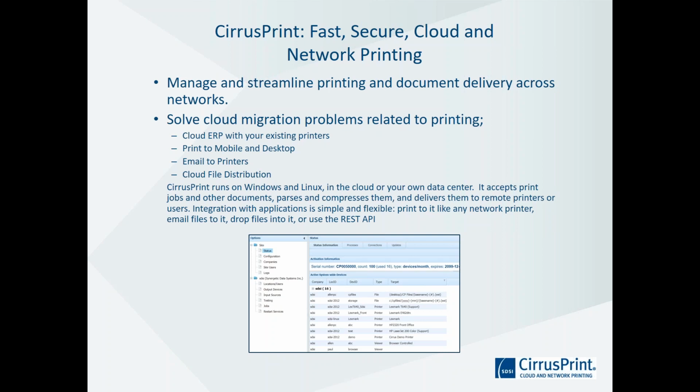It runs on either Windows or Linux. It has patent pending compression technology built into it, so in some cases we're getting up to 95% compression on the data prior to sending it to the printer. So again, it's all about speed to print, and it doesn't require special printers. You can continue to use your existing printers.